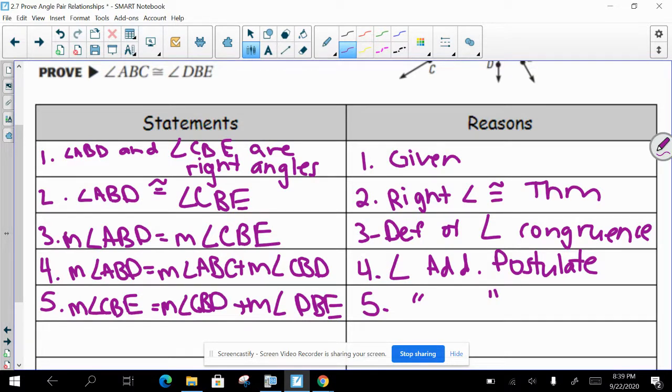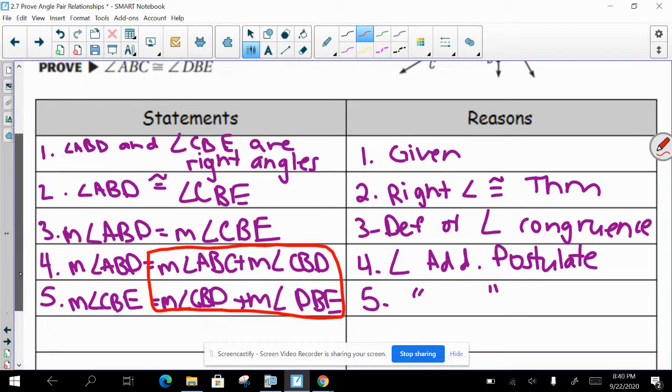Okay, so now let's combine the concept from step 3 to 5. If this is equal to that, but that's equal to this, and this is equal to that, then we can make a new equation using these two set equal to each other from the transitive property.